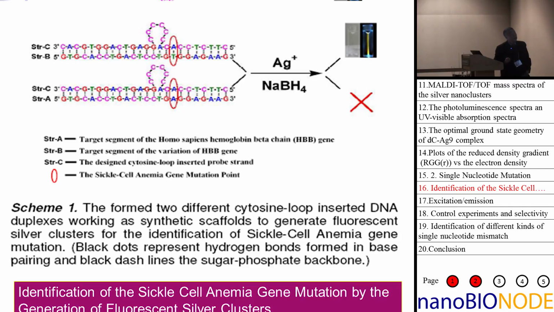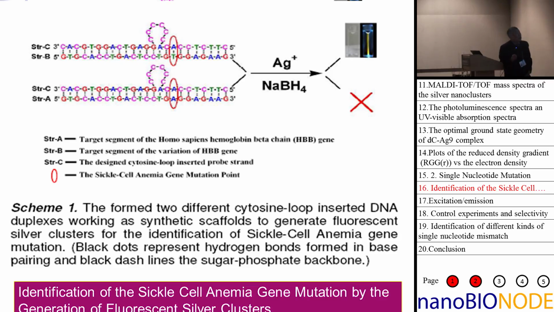And strand C, we call the probe. That is the designed cytosine loop, 6C loop, the inserted probe strand. So here, this is the sickle cell mutation point. If it is T, then that's sickle cell anemia.